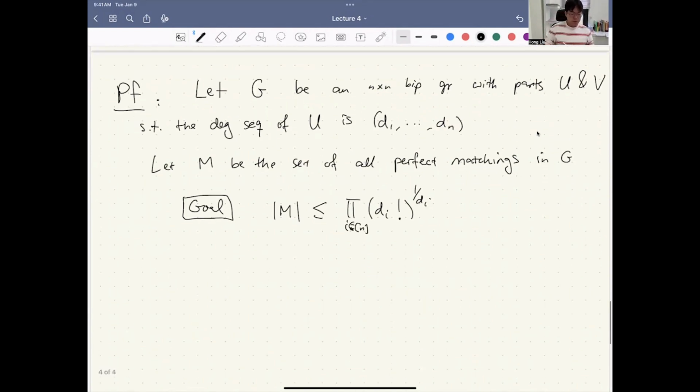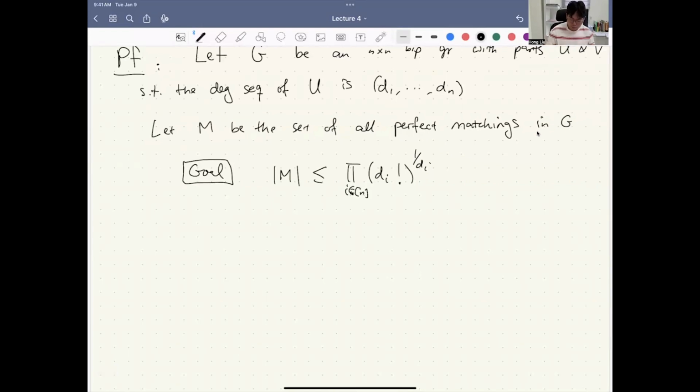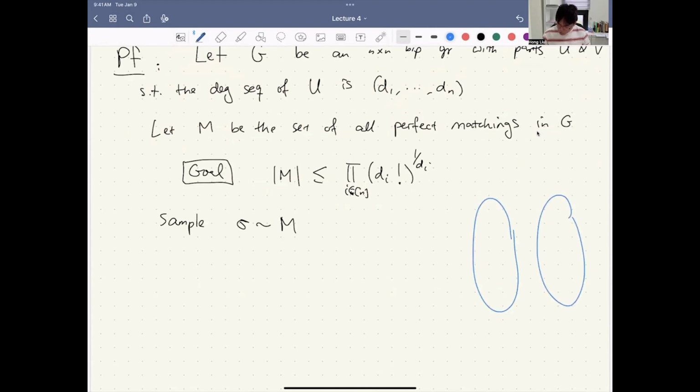And so we're going to do our usual trick. We're going to sample. The starting point is we sample a uniform random perfect matching from the set of all perfect matchings. Here's a picture. Here's U, here's V. These are our vertices, u1, u2, un. The degree of u2 is d2.